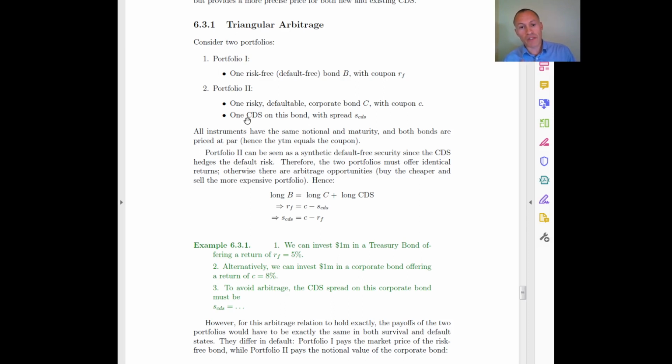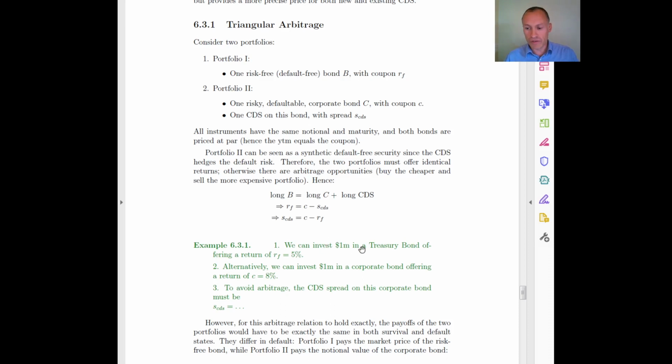If I am buying protection, it means that I am paying the CDS premium, so I have a minus here. Now I can move the spread of the CDS to the left-hand side. The spread of the CDS should be equal to the difference between the coupon on the risky corporate bond and the risk-free rate.